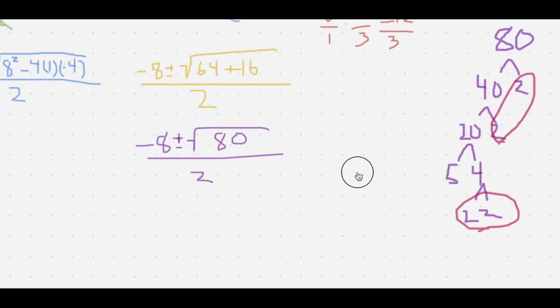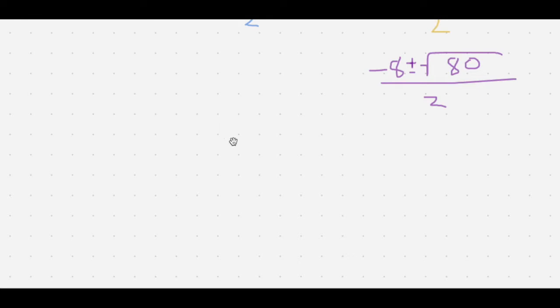So let's move down once more. We know it's going to be negative 8 plus or minus 4 square root of 5 over 2.